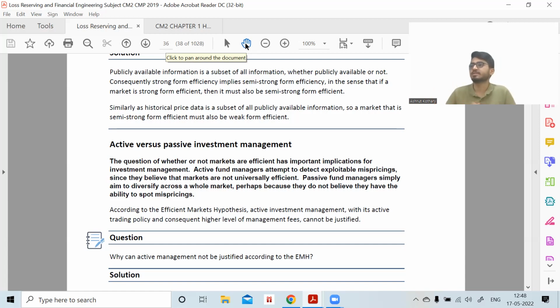Higher fees as well. So in most of the developed markets right now, everybody is shifting towards passive investment because it has been shown, using actual data, that with active management very few can beat the returns of the benchmark. So if you're not able to beat the returns of the benchmark, then there is no reason to give you higher fees for the same.